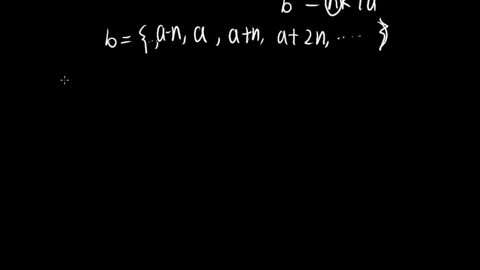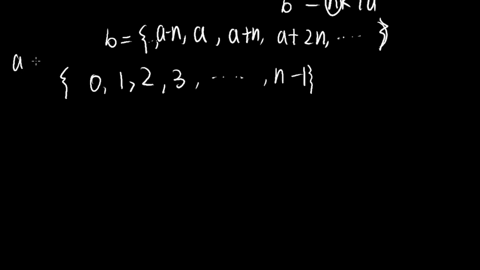When we divide any integer a by n, the remainder must be one of the numbers from 0 up to n minus 1, and there are in total n such possibilities. So for each remainder, we get a set.